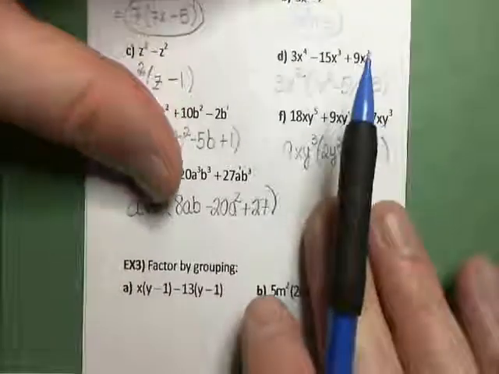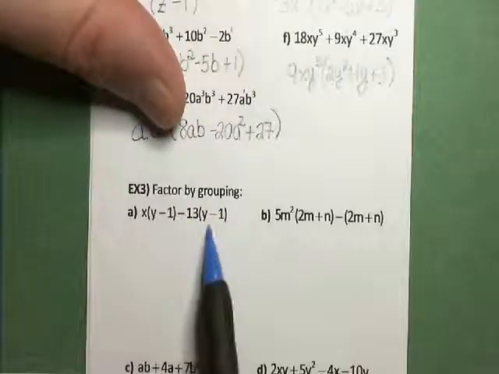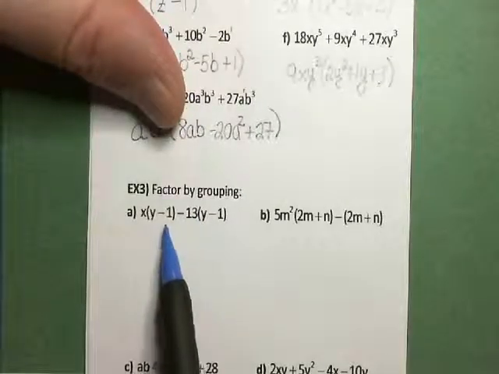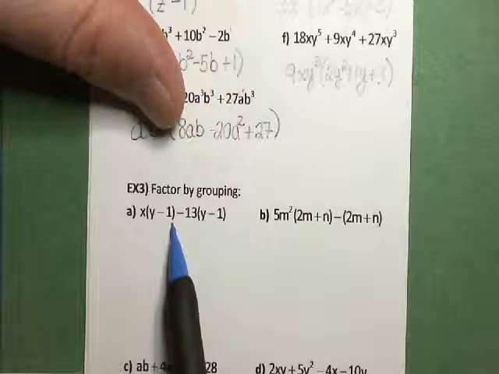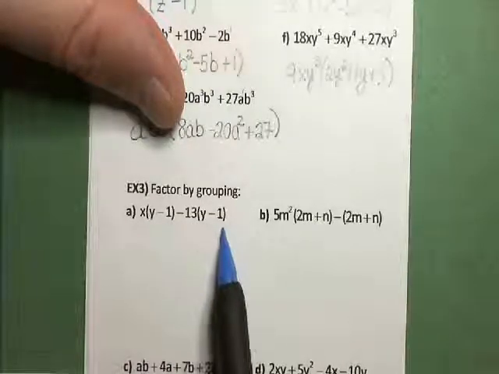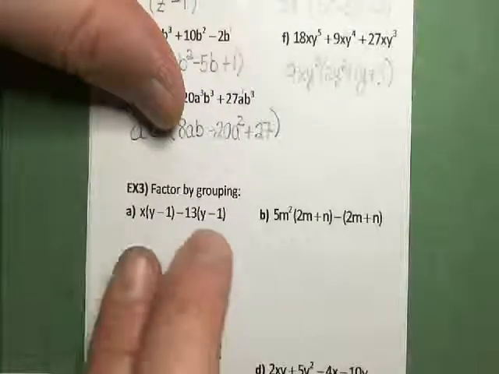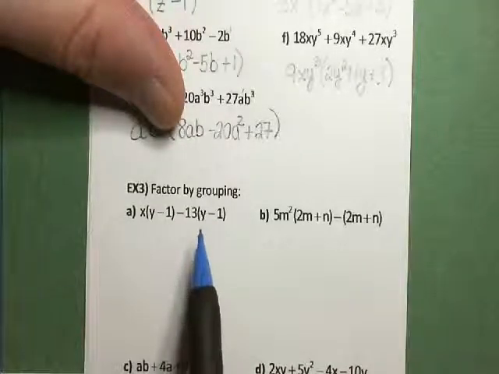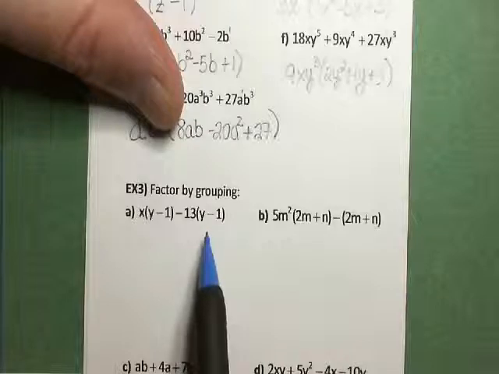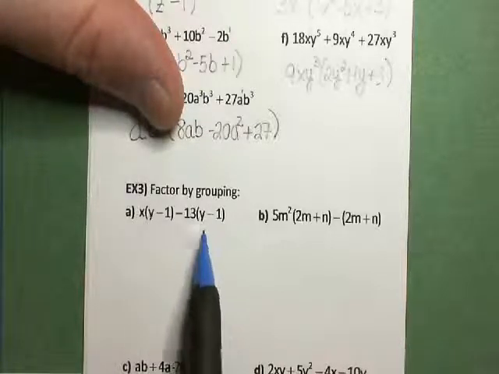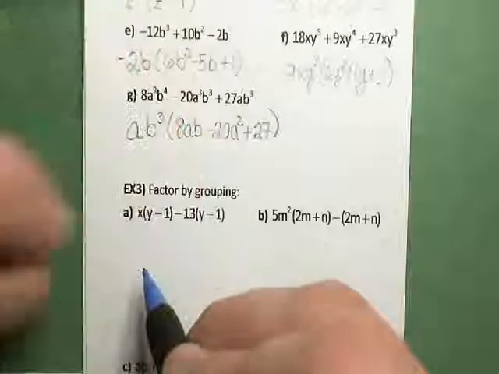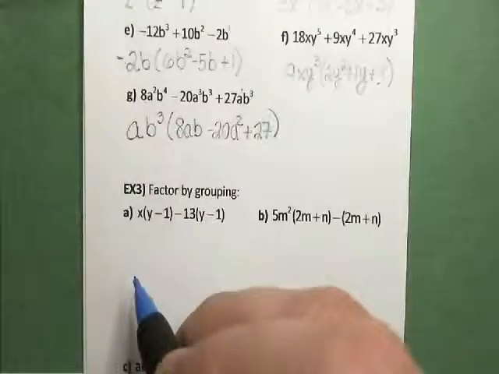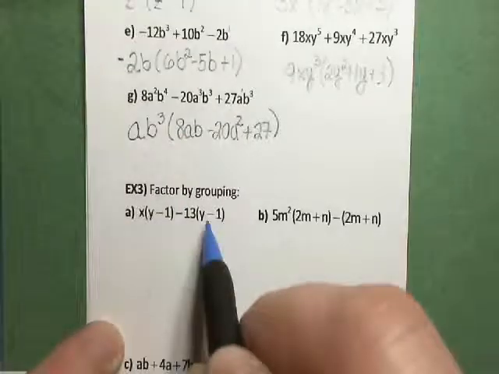So now when we do example number 3, I look at this, and this would be considered one term, and this would be considered another term. And if I look at these 2 terms, what do they have in common? Well, they have y minus 1 in common. So I'm going to factor out y minus 1 from each term.